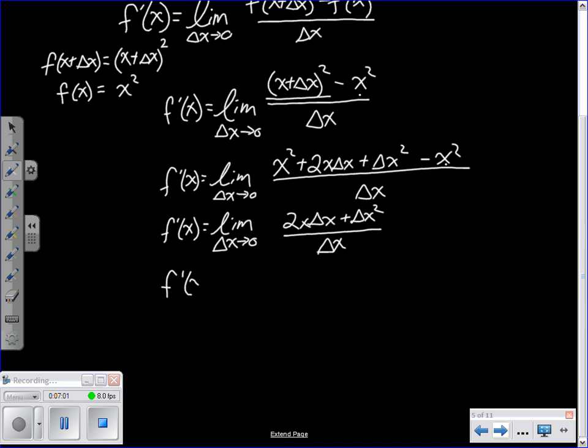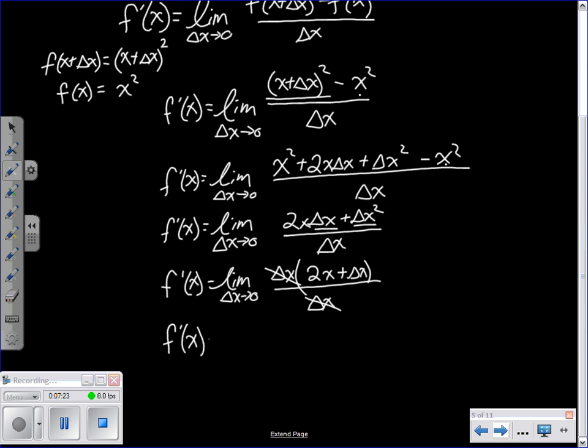So f prime of x equals the limit as delta x goes to 0 of delta x times 2x plus delta x, divided by delta x. So all I'm doing is taking out a delta x here and a delta x here. Whenever you multiply a number by its reciprocal, it becomes 1. So f prime of x then is equal to the limit as delta x goes to 0 of 2x plus delta x.